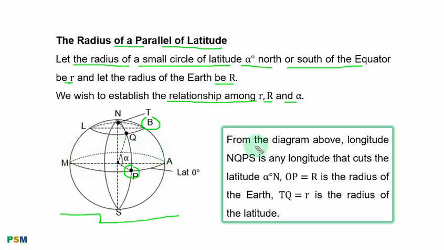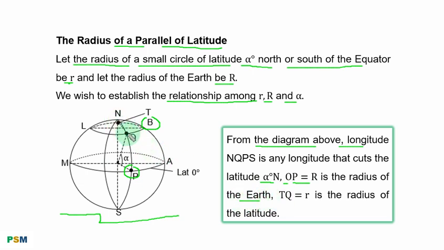From the diagram above, longitude NQPS is any longitude that cuts the latitude alpha degrees north. O, the center of the earth, to point P is equal to capital R, the radius of the earth.